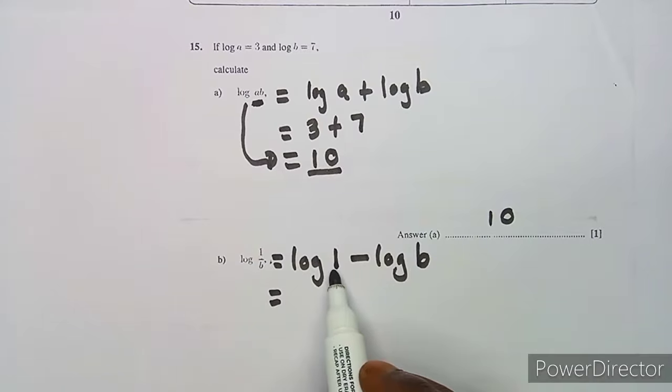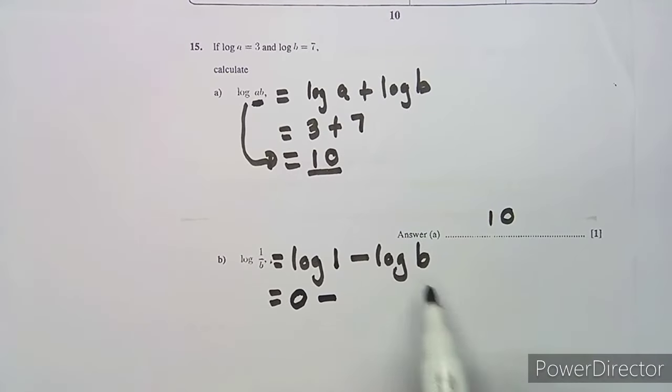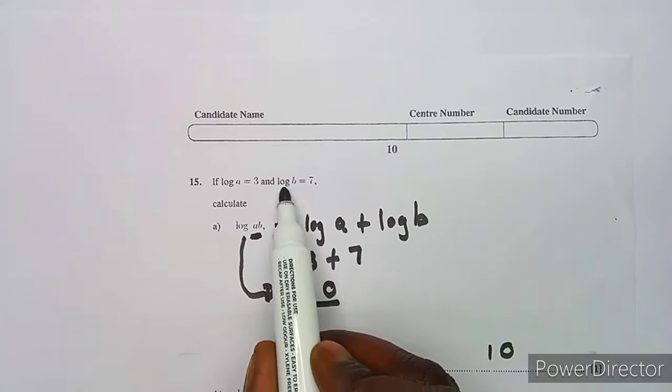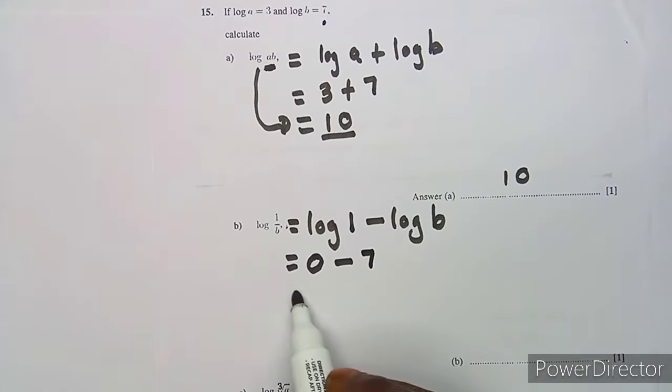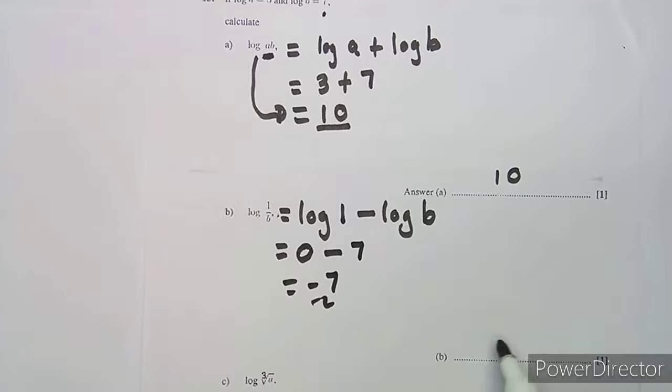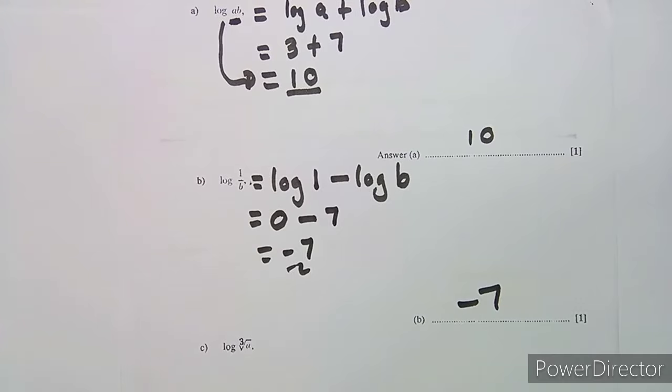So log of 1 in base 10 is 0, minus log b. We are given that log b is equal to 7, so it's 0 minus 7, and that's minus 7. These are the laws of logarithms that they are testing you on, so for the logarithm of 1 in base 10, you're supposed to know it.